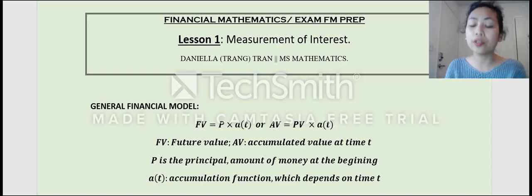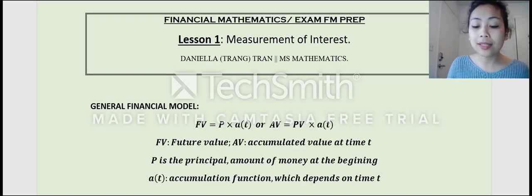So after 1 year, your money will be accumulated to 5,000 times 1.05. After 2 years, that amount will be multiplied by another 1.05. So you see that your accumulated value, or the future value, basically depends on two things. The first thing is the principal, that means the money that you invested at the beginning, and it also depends on time.